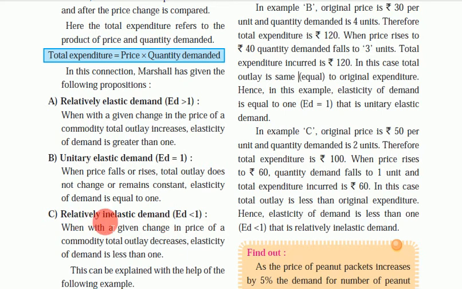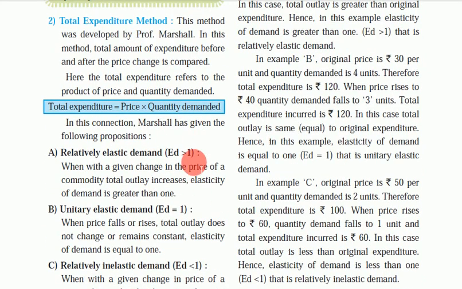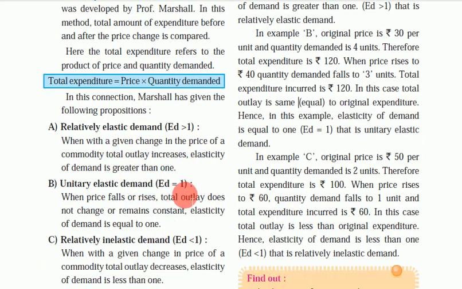If we get an answer greater than 1, then it is relatively elastic demand. If we get an answer equal to 1, then we say the demand is unitary elastic.